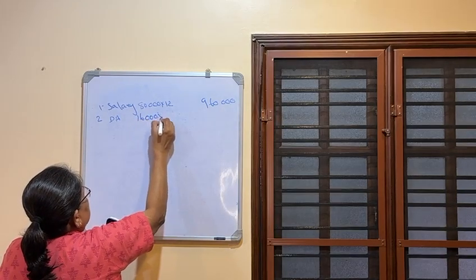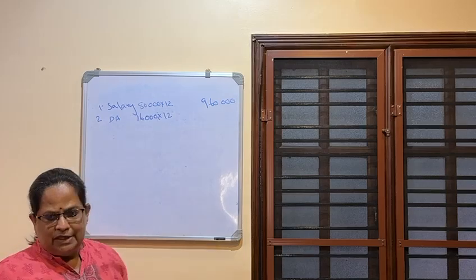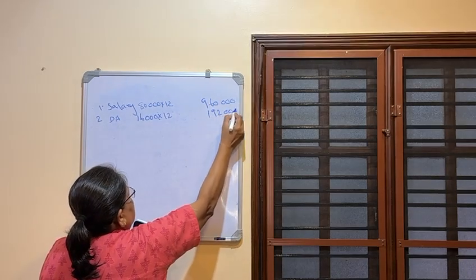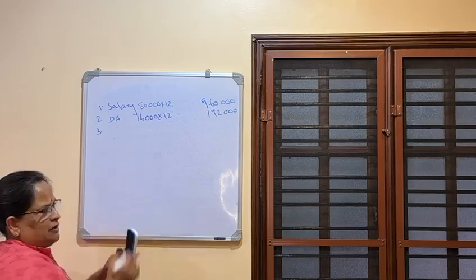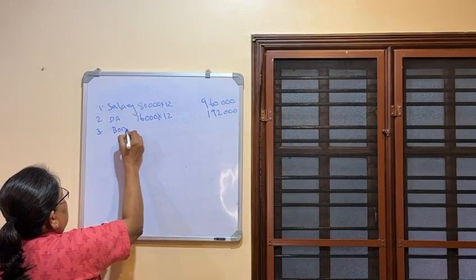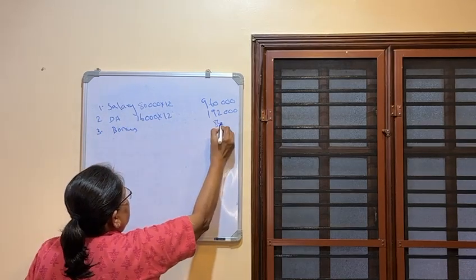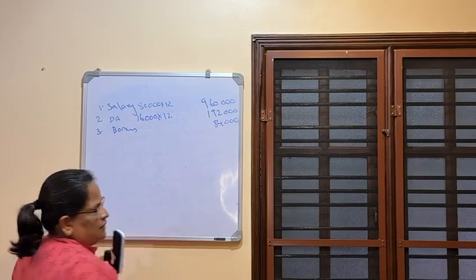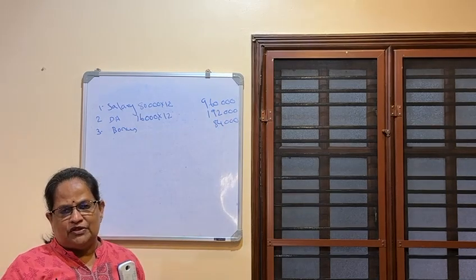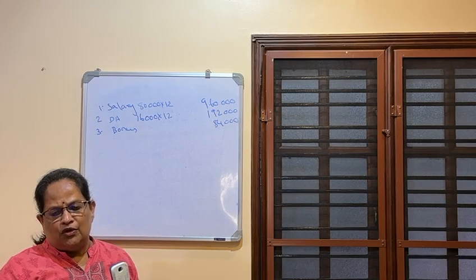So the value is 1,92,000. Now the third value is bonus 84,000. And next is education allowance. He received 24,000 minus 2,400 exempted.